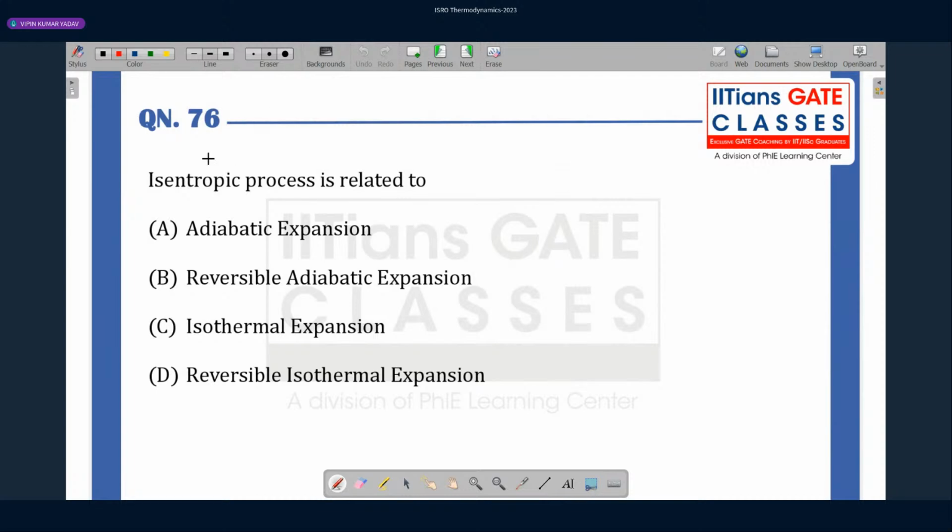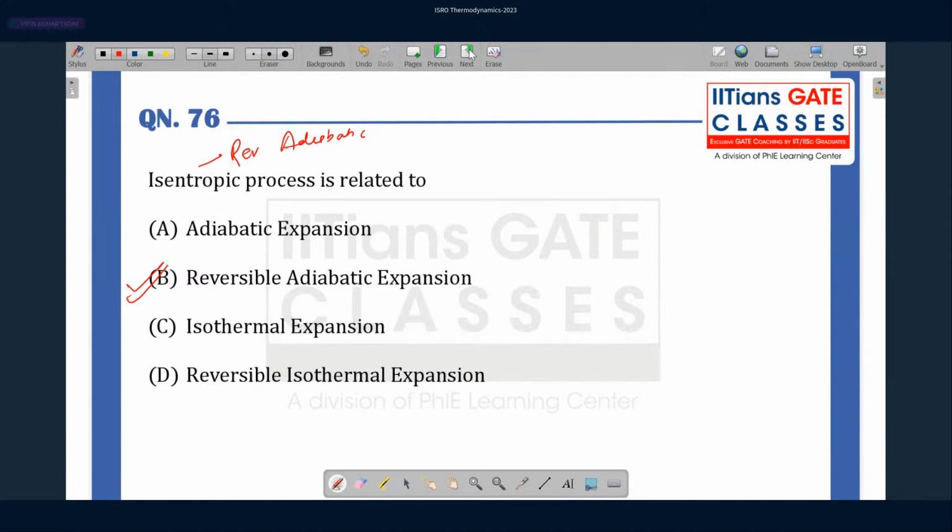Isentropic process simply means reversible adiabatic. There is no doubt about it. Not just adiabatic, not isothermal, nothing. Reversible adiabatic is isentropic. So it is reversible adiabatic expansion. I hope you got it very clear.